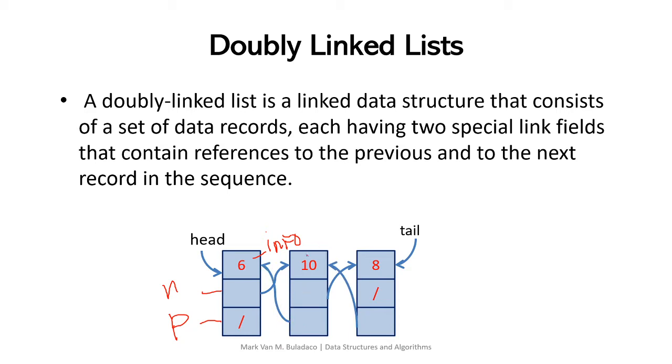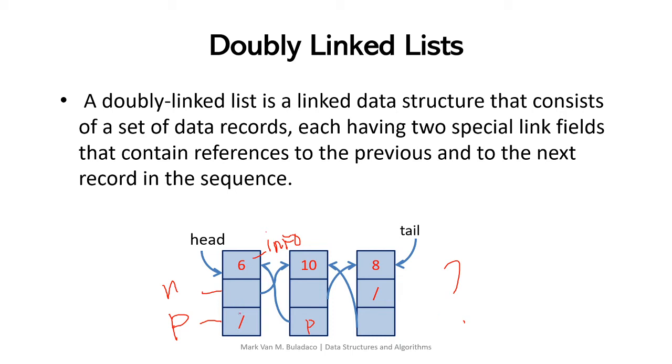For example, on the 10 node, its prev is referring to the previous node. Now, for the tail's next in a doubly linked list, it is empty because there is no node next to the node 8.